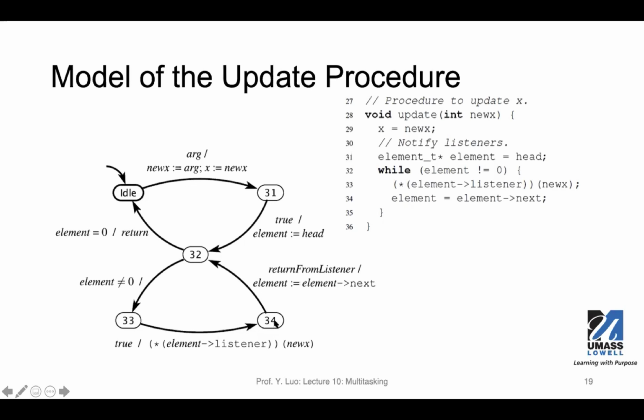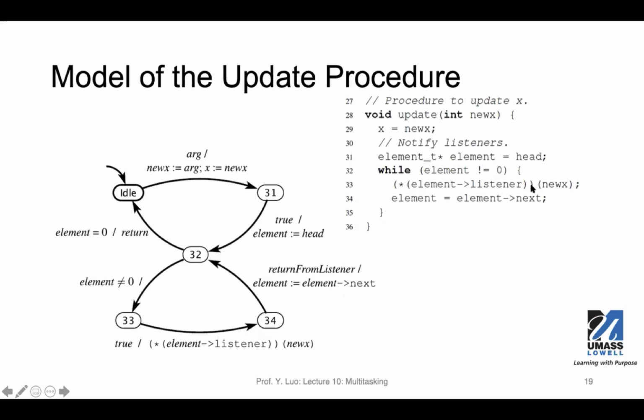Line 34 is where we will have to move on to the next element, and that gets us back to line 32. And by the way, from line 32 to line 34 to line 32, the condition is that you return from listener, because this listener function depends on what it does.